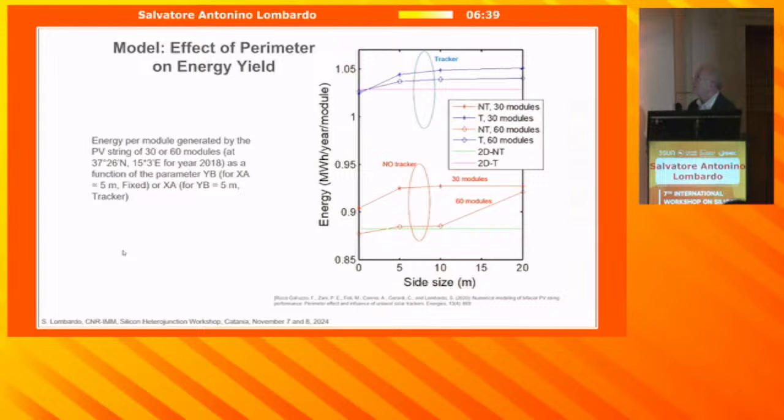And the lines are 2D calculations that, as you can see, are quite different compared to the 3D calculations. And you see that clearly as the perimeter size increases, essentially, the energy yield increases quite a lot. It's a strong effect of many percentage points.